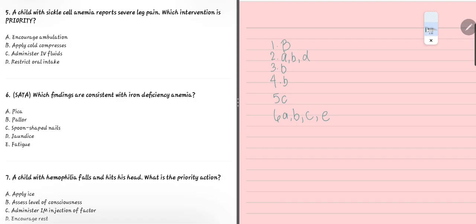I'm pretty sure it's not A. I'm pretty sure it's not D. I don't know if assessment is an action.